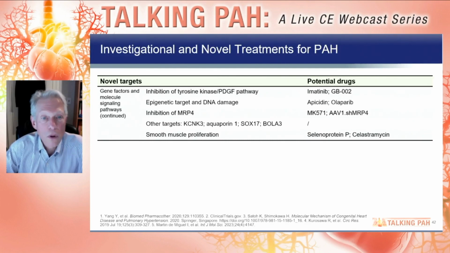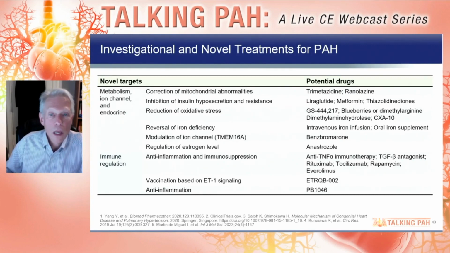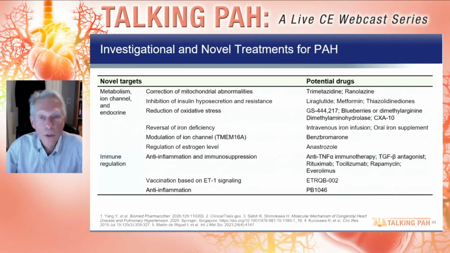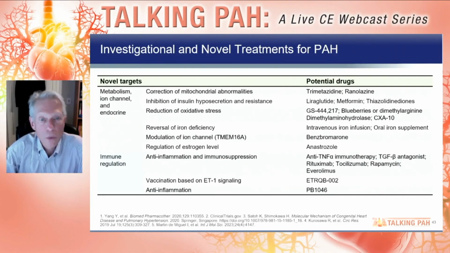These others are all really within the realm of the laboratory right now. There have been some early studies with trimetazidine and ranolazine, which target mitochondrial abnormalities, which are really a feature of advanced disease and are part of RV dysfunction progressing to RV failure.